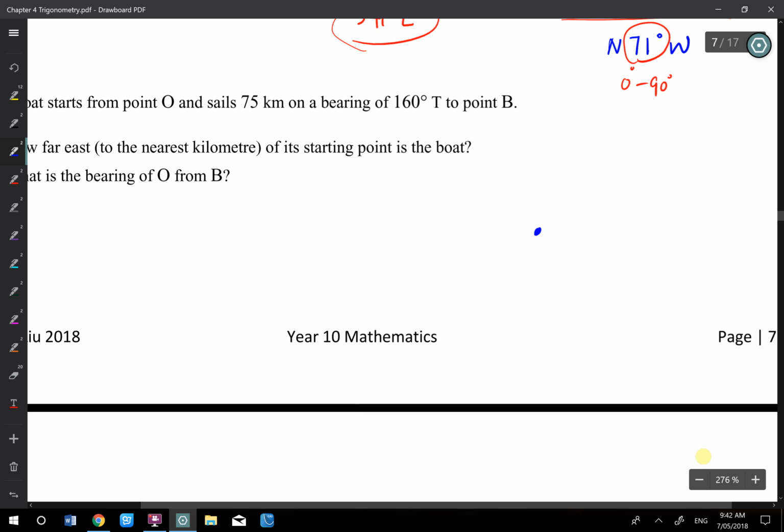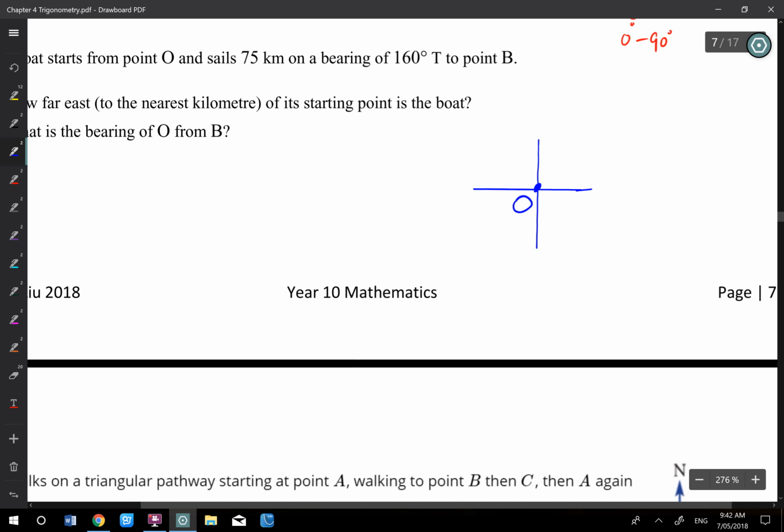Which point will you draw the compass at? Okay, so the cross. If it's point O, start from point O, I will draw the point O here.